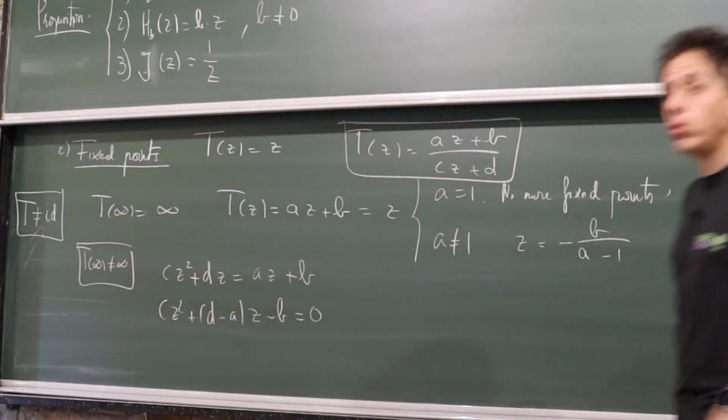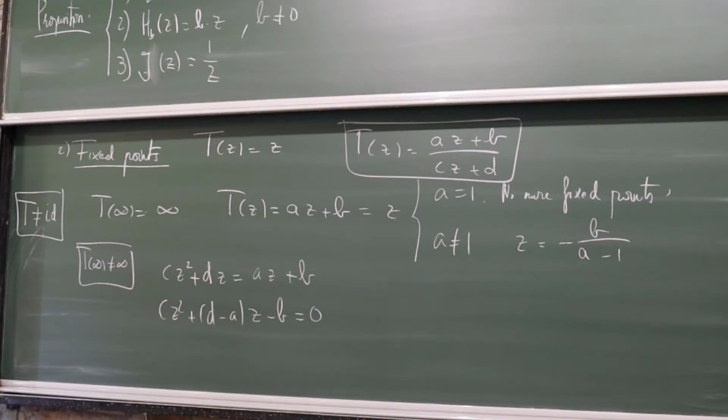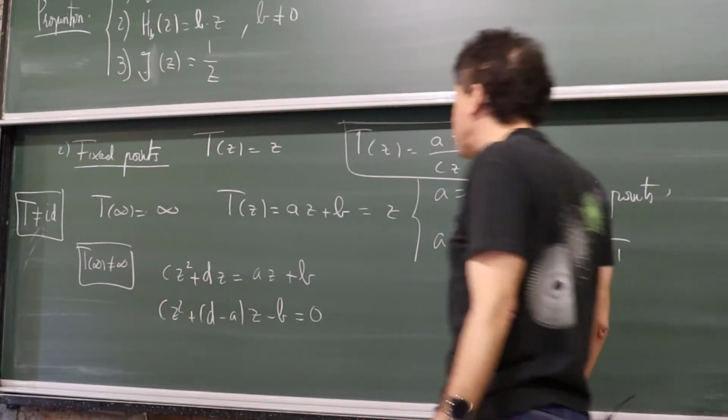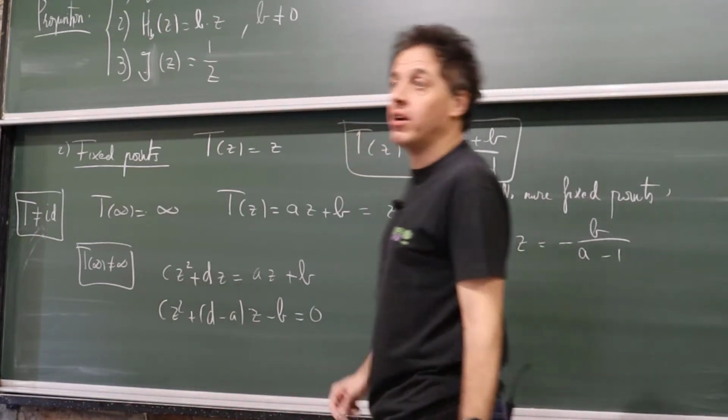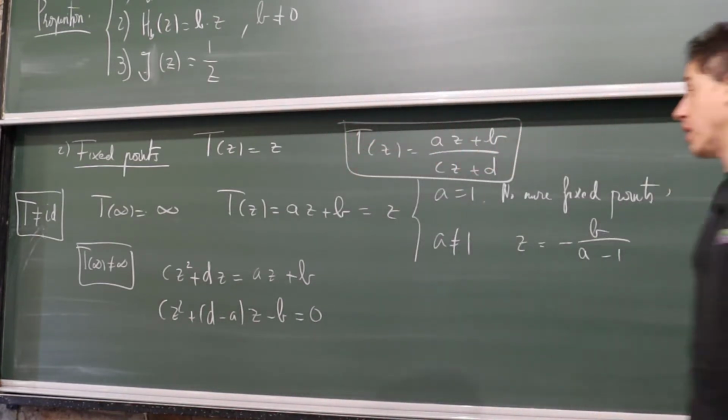C is different from 0, so you have an order 2 polynomial that has at most two different roots. So there are at most two fixed points again.